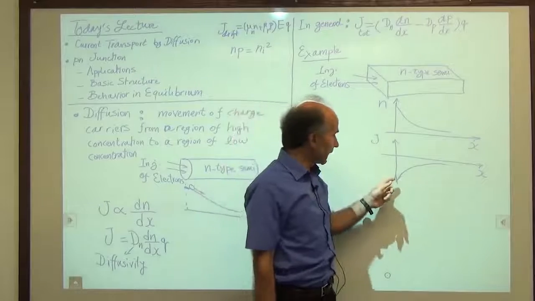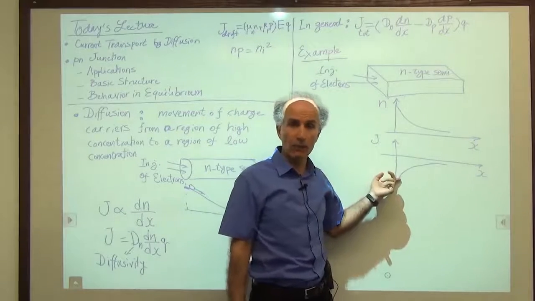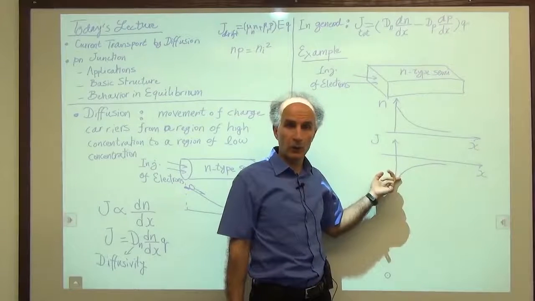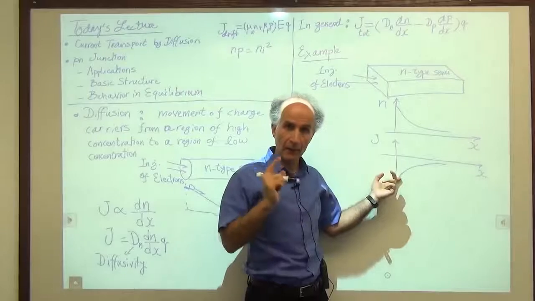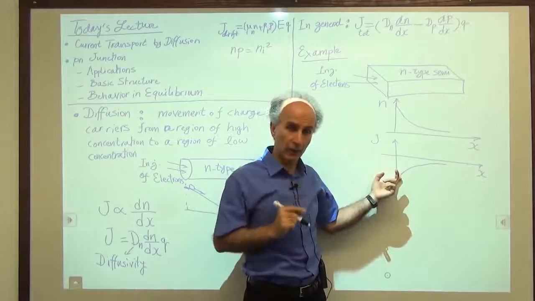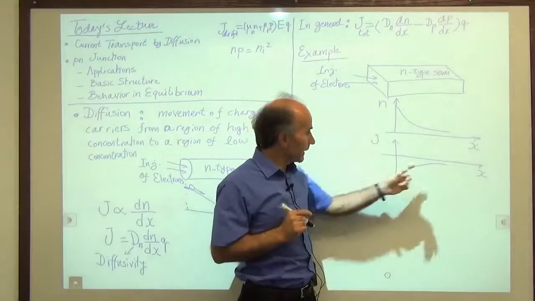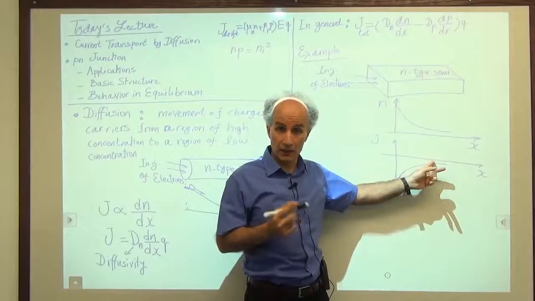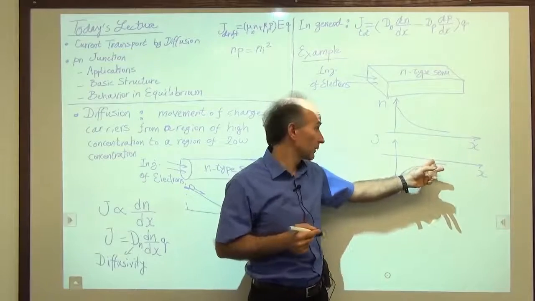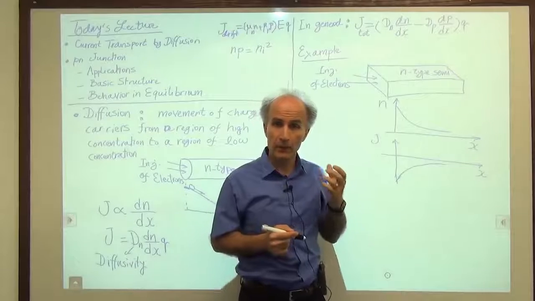We see that at this point we have a high current. So let's say at this point we have 1 milliamp per square centimeter. And this current is completely composed of free electrons. But then here, the current is less in absolute value. It might be 0.2 milliamps per square centimeter.